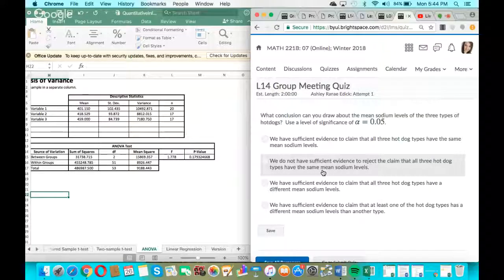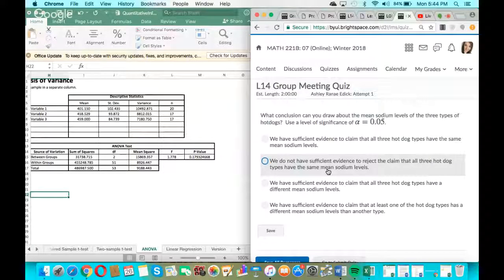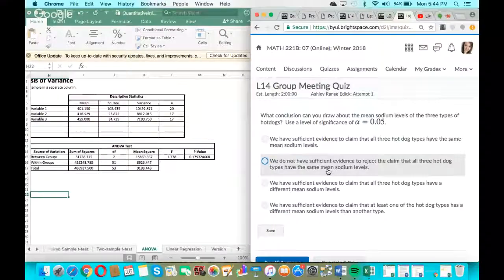No, but that's fail to reject, because what we're doing is failing to reject, right? So if we're failing to reject, then we don't have sufficient evidence to reject the claim that all 3 hot dogs have the same mean sodium levels.